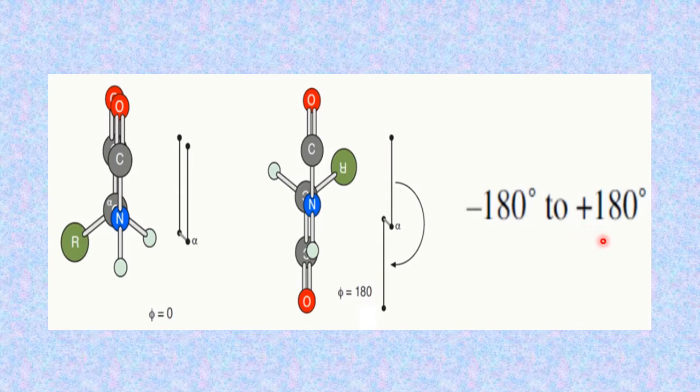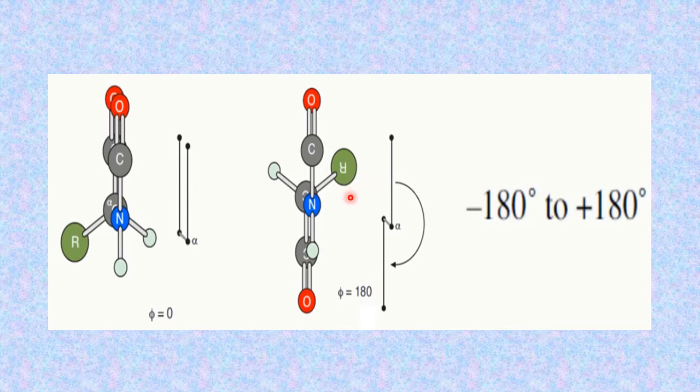Now this possible rotation of 360 degrees about both the angles, the phi and the psi, is just a theoretical possibility. Actually, in a polypeptide chain, we have the R group, the side chain of the alpha carbon, and this R group, because of its structure, hinders the stability of various angles of rotation. That is, the side chains, depending upon their size, generate steric hindrances.